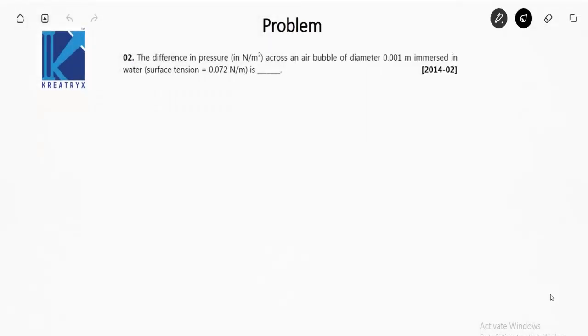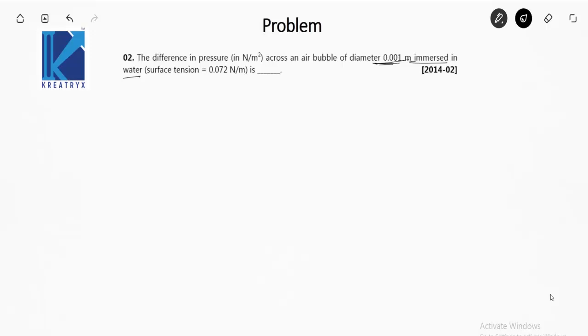The difference in pressure across an air bubble of diameter 0.001 meter immersed in water, surface tension is given as 0.072 Newton per meter.